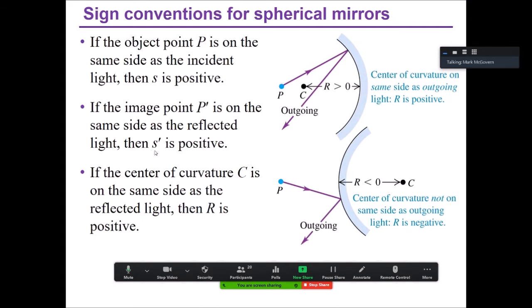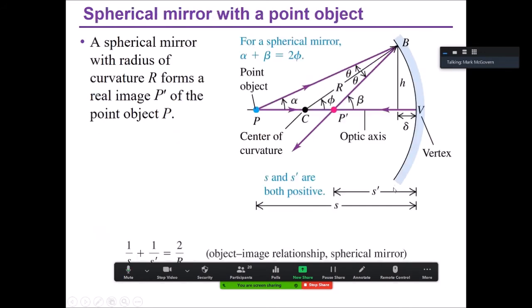Same thing with S prime, which represents the image distance. Also positive if you're on the same side. So we're going to deal with concave stuff first, and everything's positive there: object distance, image distance, and the radius of curvature are all positive. We'll keep that in mind for now, and worry about the convex stuff a little bit later in the class.